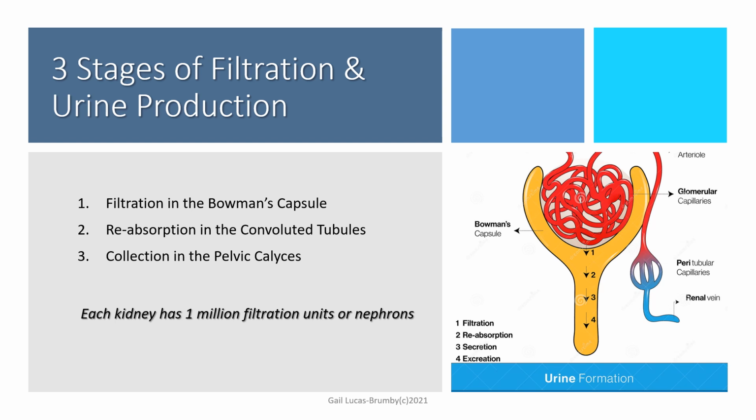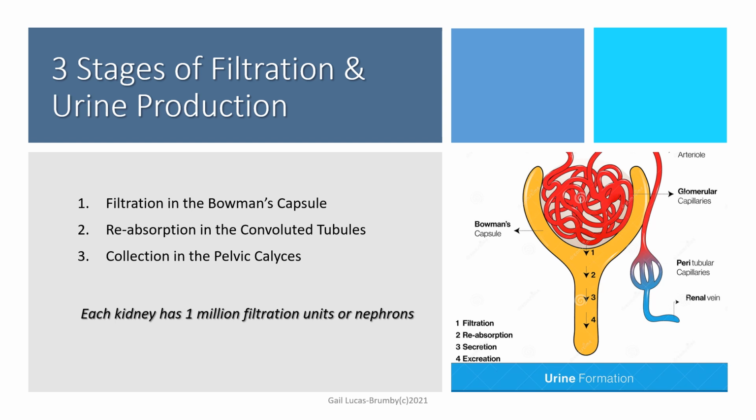The kidney is made up of lots of cells called nephrons. There's over 1 million nephrons within each kidney, and the job of the kidney is to act as a filter, a filtration unit for the blood. Now, there are 3 stages of filtration and urine production. In stage 1, you have the filtration in the Bowman's capsule. In stage 2, you have reabsorption of water and salts in the convoluted tubules.